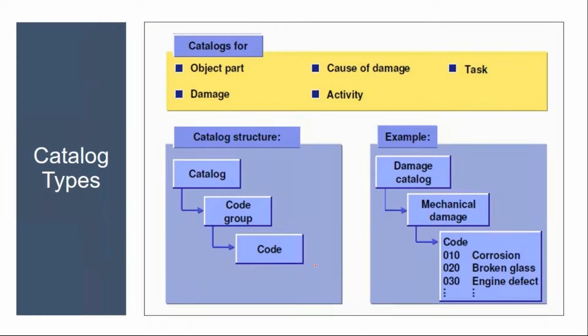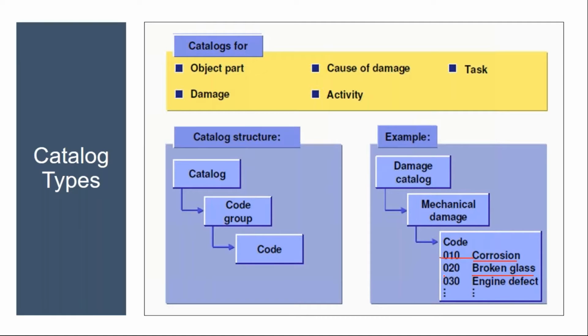If you see here, you will understand. First you have the code. These codes are clubbed into a code group, and these code groups belong to a catalog. Suppose you want to describe a damage, mechanical damage. What is the exact damage? It's corrosion, broken glass, engine defect. All these are codes. Corrosion is a code.